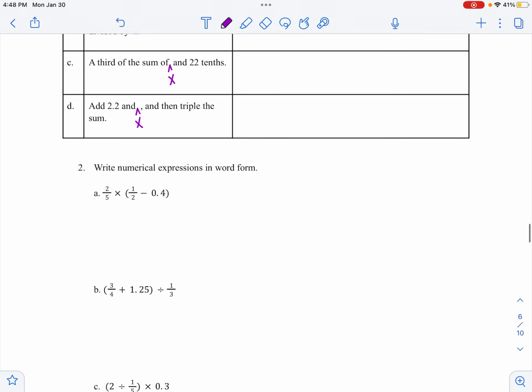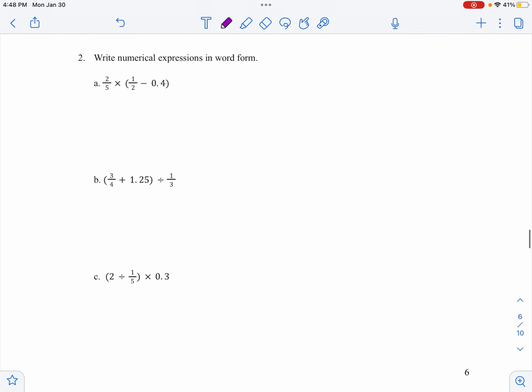Question 2, write the numerical expressions in word form. Here, we have something really similar to what we just worked at. We're multiplying 2/5 times 1/2 minus 0.4. But we know we need to subtract before we multiply because it's in parentheses.